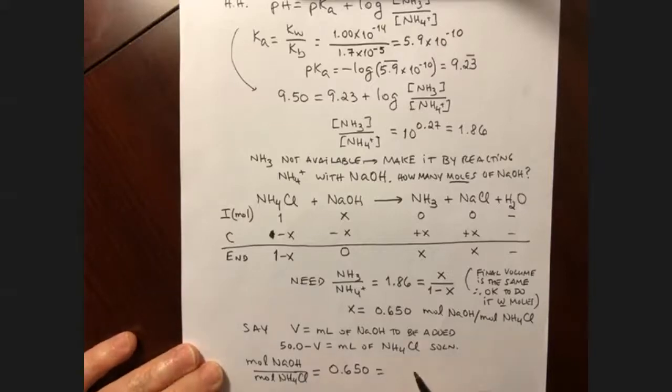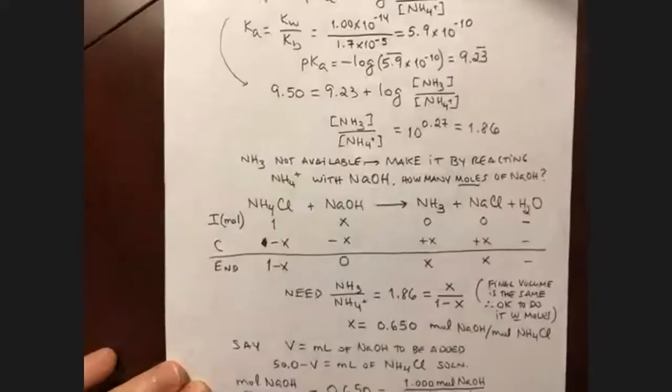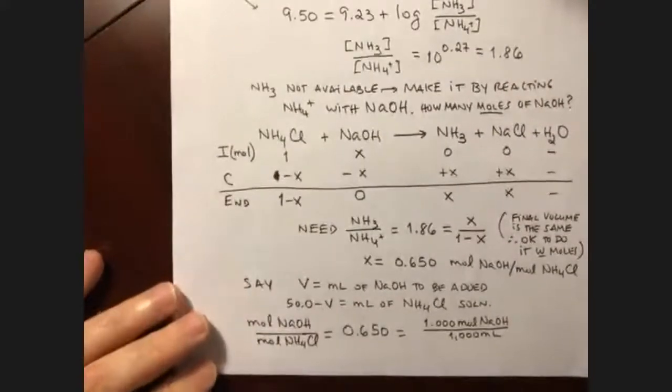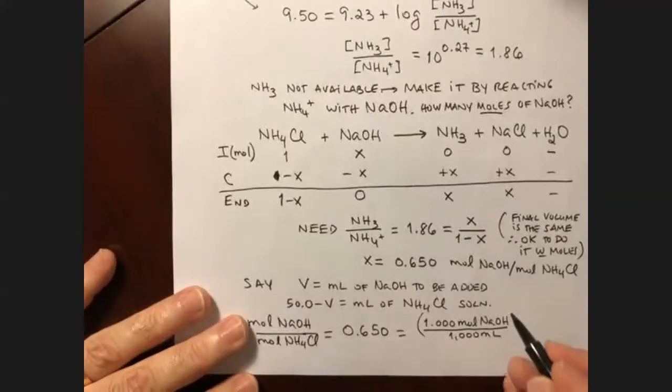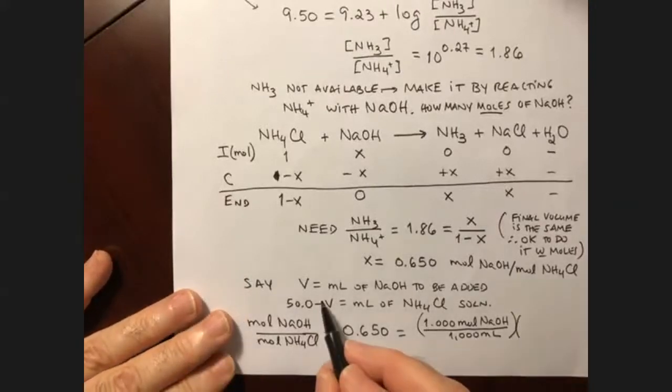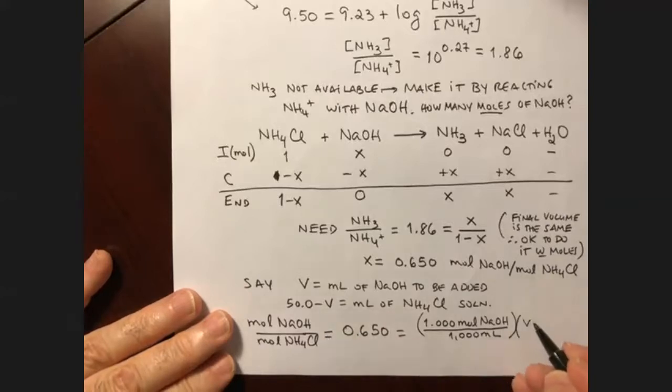Okay, what are the moles of NaOH? Well, it would be the molarity of the NaOH, which is 1.00 molar. So that was 1.000 moles of NaOH in a liter, or 1,000 milliliters. Let me zoom in a little bit here. And I need V milliliters of this, right?